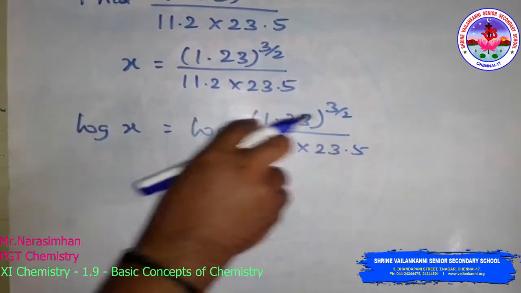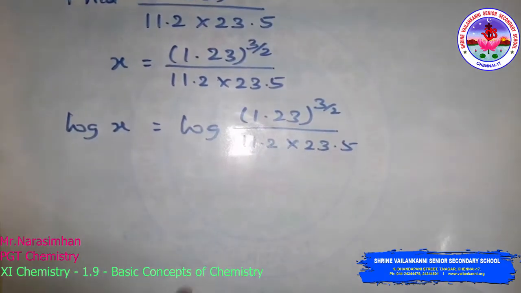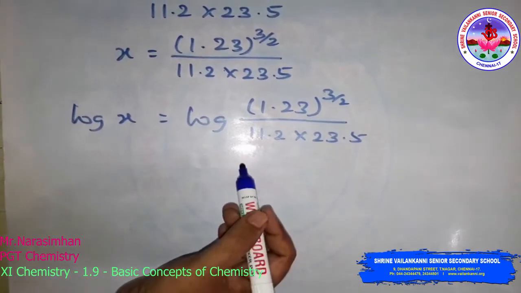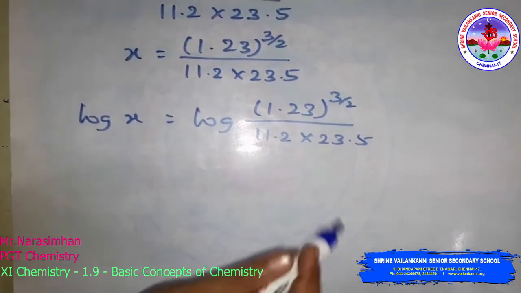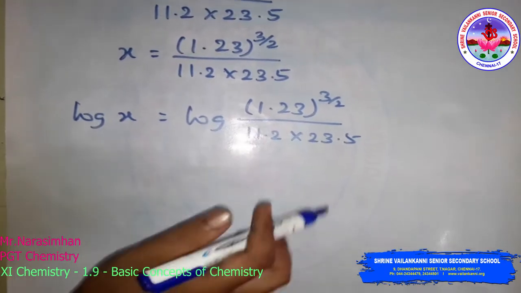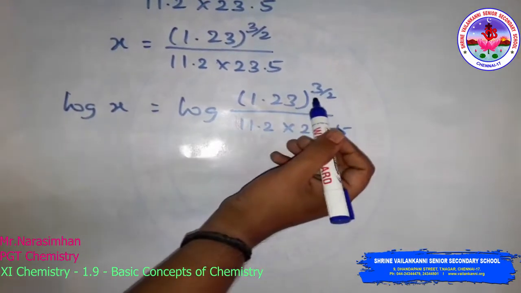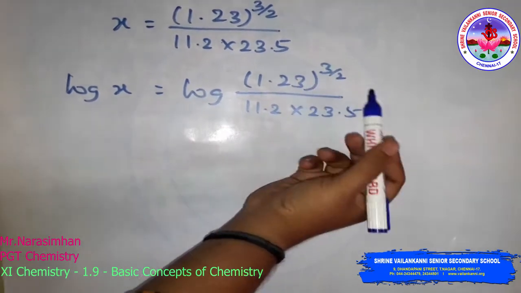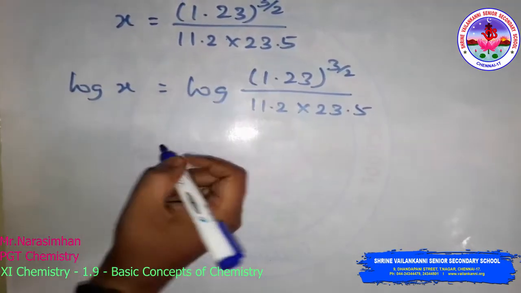So this is the numerator and this is the denominator. Using the second law, division means you have to use subtraction. And log of p power n is n log p, so the same you have to follow here.